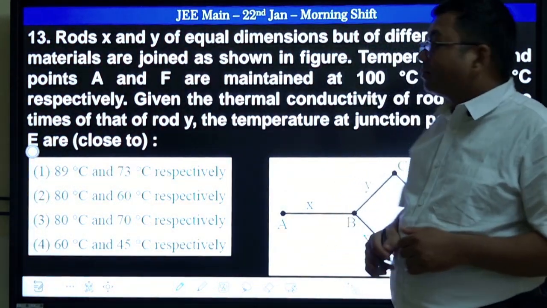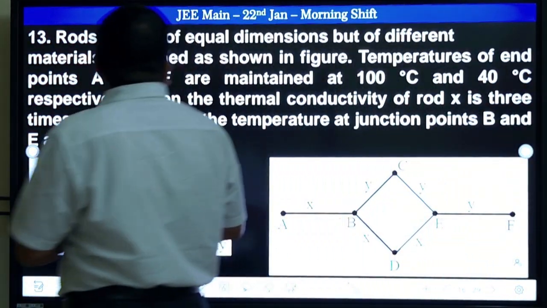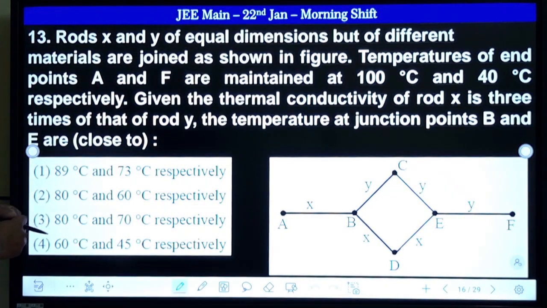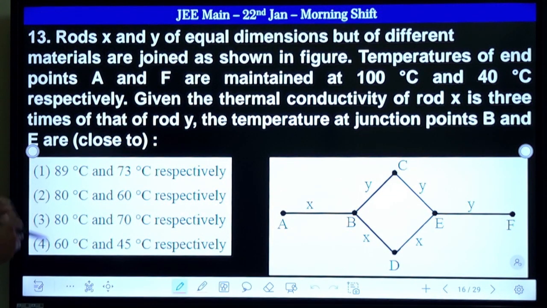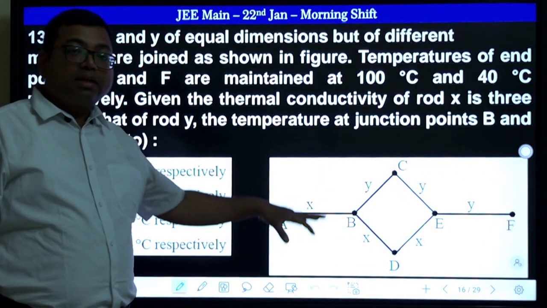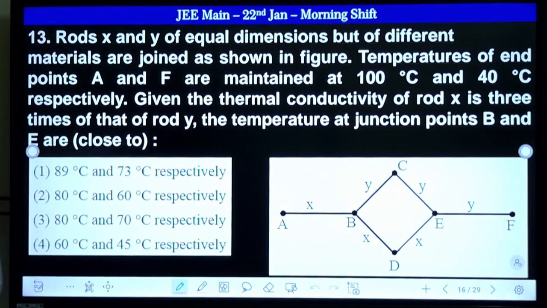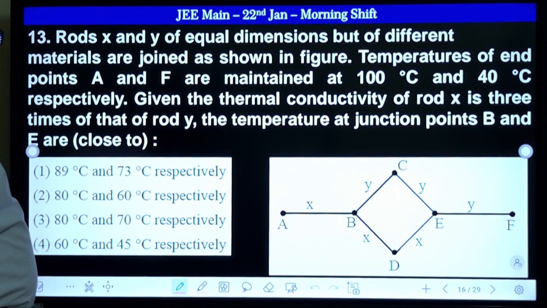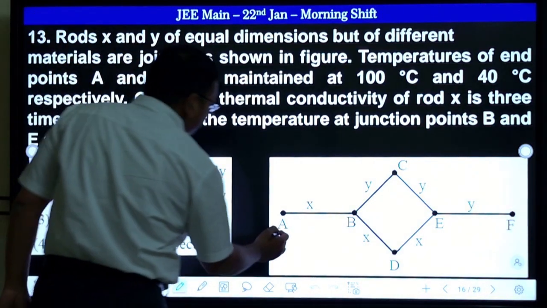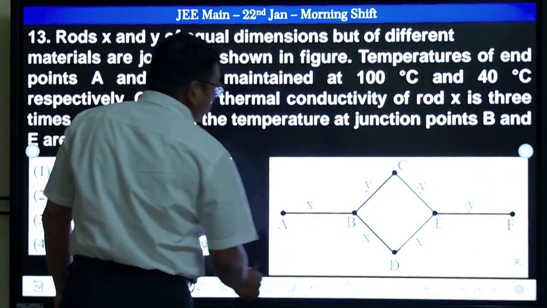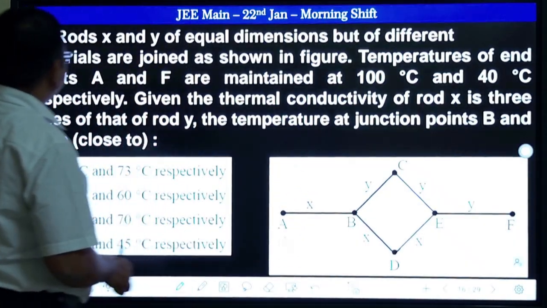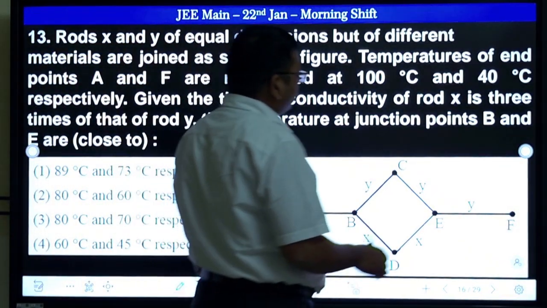Question number 13. Rods X and Y are of equal dimension but of different materials. Here all the dimensions are the same but the materials are different. The temperatures of the ends are given. This is at 100 degrees Celsius and point F is, sorry, 40.